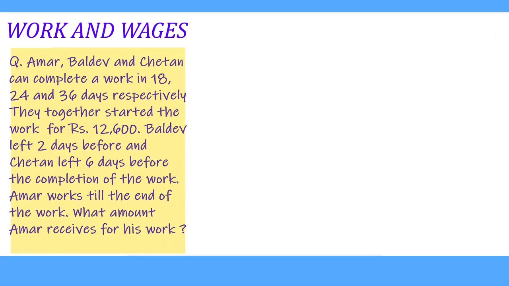We solve the question as Amar can complete the work in 18 days. I am putting A for Amar, B for Baldev and C for Chetan. Amar is doing the work in 18 days, so his 1 day work will be 1 upon 18.